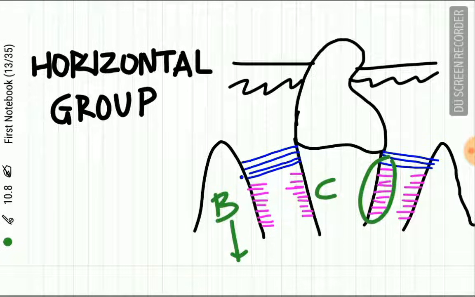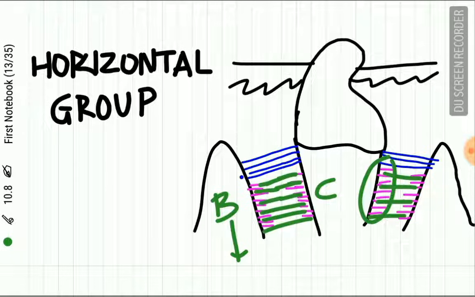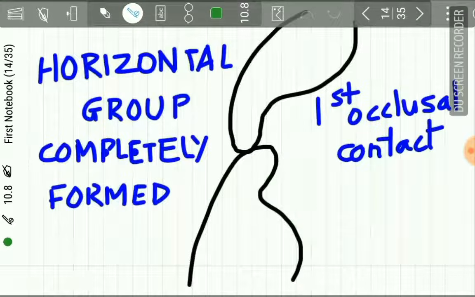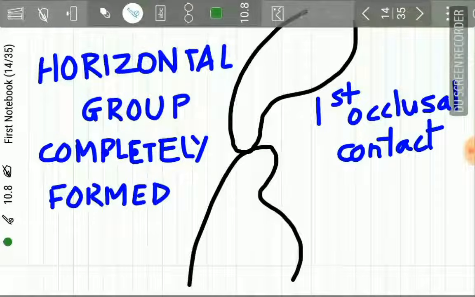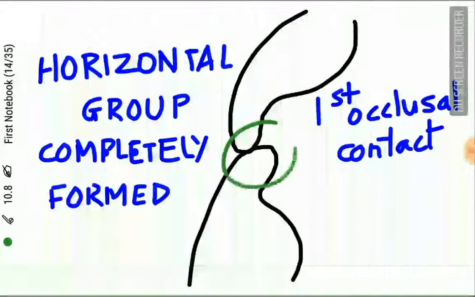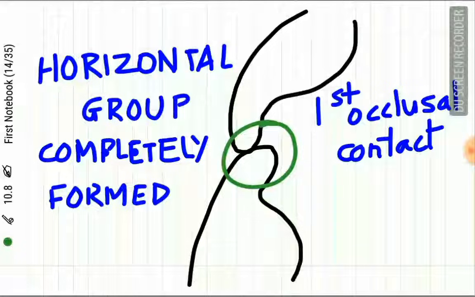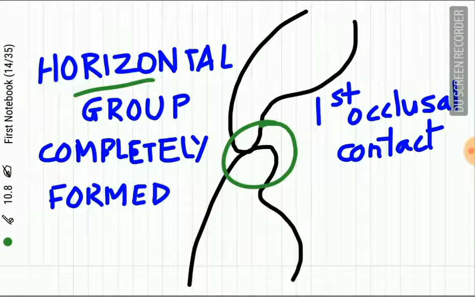These brush-like fibers continue to elongate towards each other and finally fuse to form the horizontal group of fibers. So, when the tooth erupts into the oral cavity and reaches the first occlusal contact with the antagonist tooth, the horizontal group of fibers are completely formed.